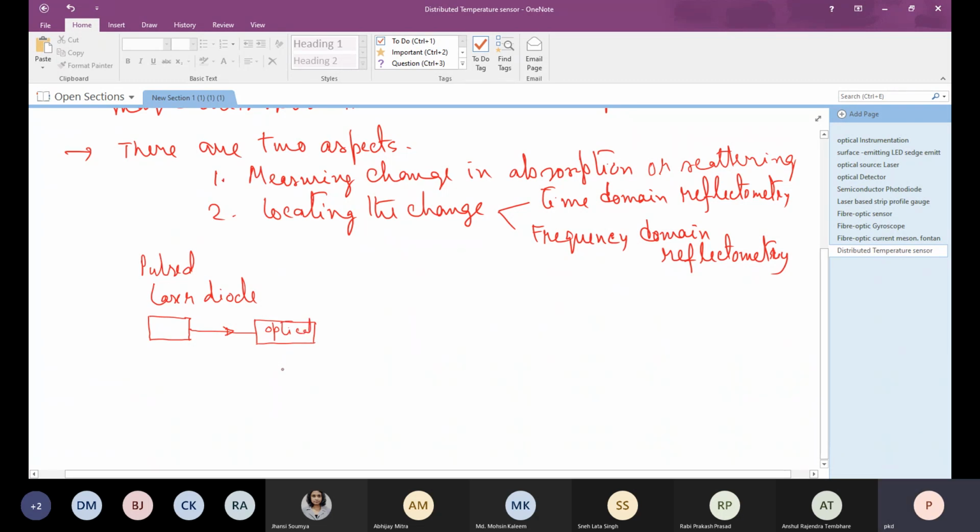Usually the laser is inbuilt in the circuit itself, and from that the fiber adapter comes out. Generally these kinds of instruments are portable and used for field measurement also, so therefore construction wise they are made very rugged.